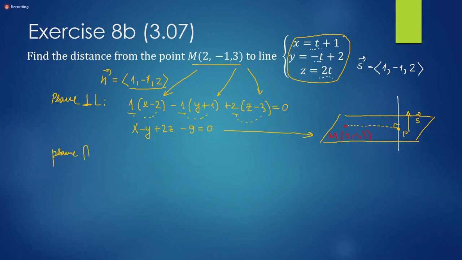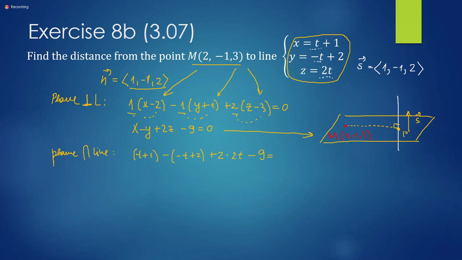So we put the parametric expressions t plus 1, minus t plus 2, and 2t into this. Instead of x, we put t plus 1, minus, instead of y, we put minus t plus 2, plus 2z. Instead of z, we put 2t, and of course minus 9, which should not be forgotten.